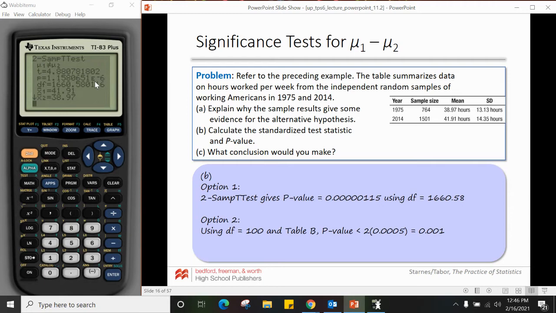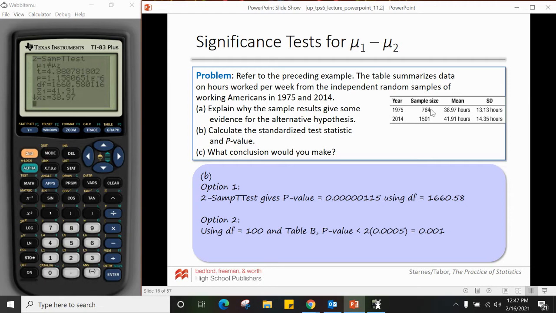For option number 2, you could do this by hand. We'd get our t-score the same way. And then for the degrees of freedom, we use the smaller sample size. So the smallest sample size is 764. Do n minus 1 to that. So we are really using a degrees of freedom of 763. However, we always round down for our degrees of freedom.